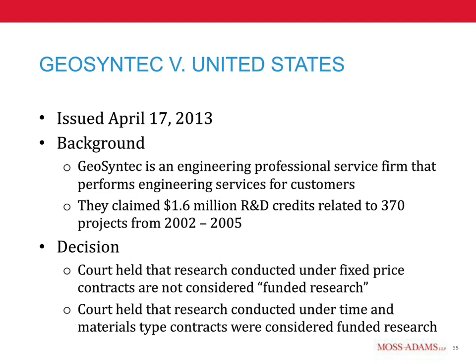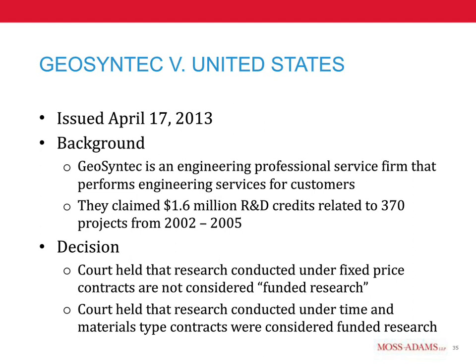Your company needs to look at the contracts that you have with customers and see how the payment terms are structured. In this court case, they looked at 3 different types of contracts that are very common throughout all industries. The first was a fixed price agreement.